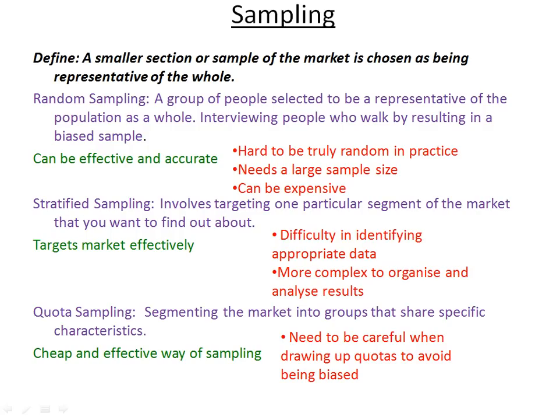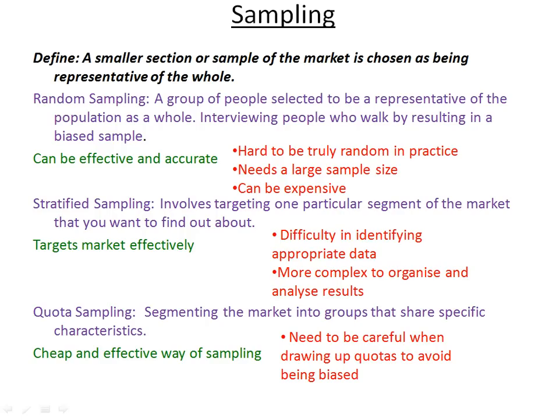Stratified sampling involves targeting one particular segment of the market that you want to find out about. So it targets the market efficiently. For example, baby foods: if you're going to make new baby foods, you might only interview mums between 16 and 30, because that's who you're targeting.